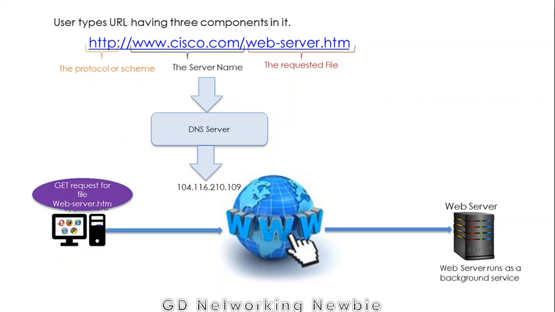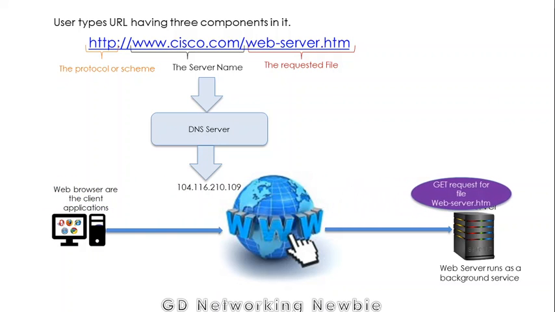This request along with this IP address will be sent to the web server, which is running as a background service, and after receiving that request, the web server will respond, and in this response it will send the HTML code for that page which is requested by the client. So that page is this part.